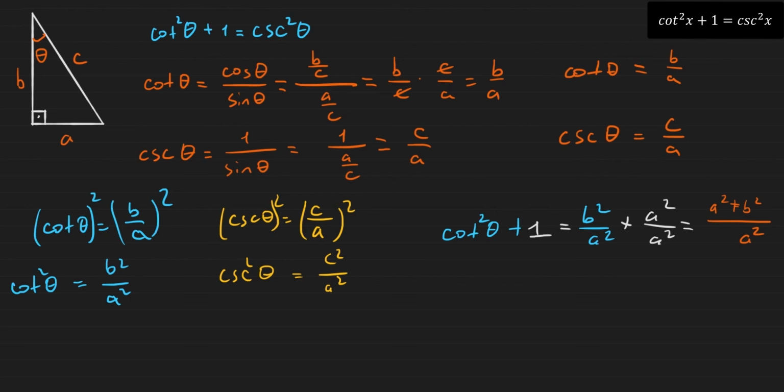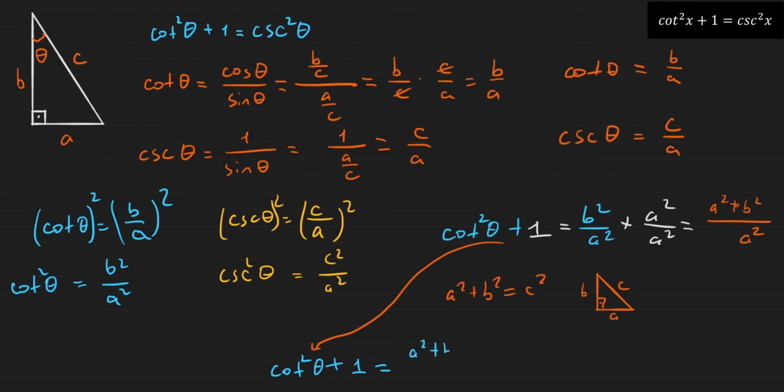And the Pythagorean theorem tells us that A squared plus B squared equals C squared, where this is A, B, C. So from here we got that cotangent theta squared plus 1 equals A squared plus B squared over A squared.